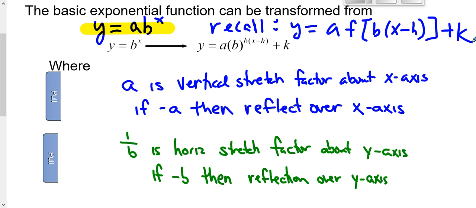And once again, we want to take out the b so that x is always 1. In that case, whatever you see inside the brackets would be just the horizontal translation.